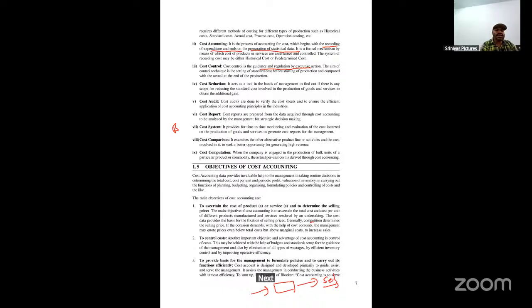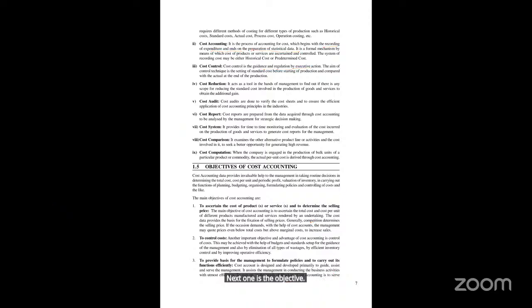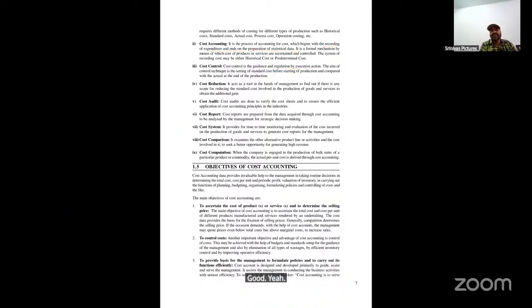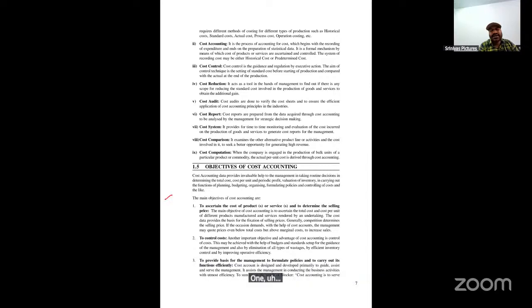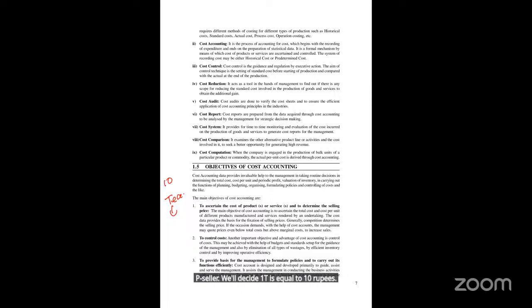Next one is the objectives of cost accounting. First objective: why are we reading cost accounting? For example, one tea stall, the tea seller decides one tea is 10 rupees. How can he decide?